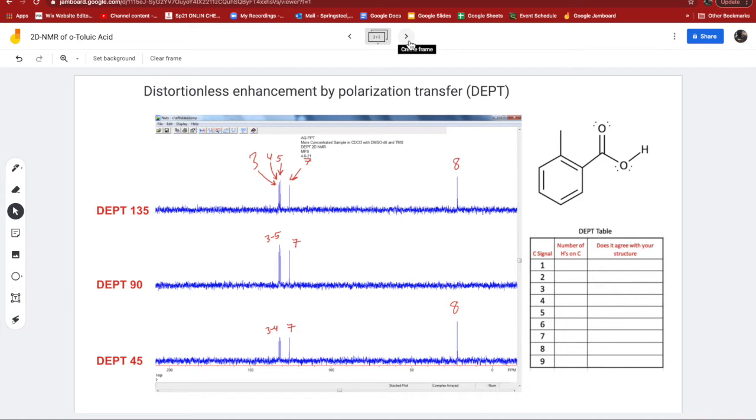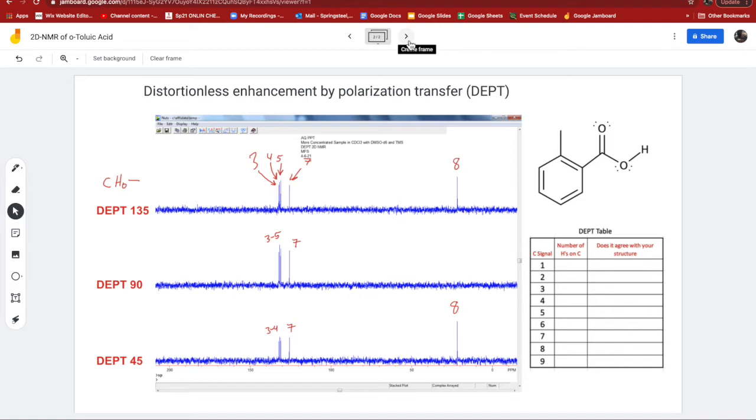So let's talk more about what's going on with these spectra. These are kind of crazy, huh? In the DEPT 35, the carbons without hydrogens, so CH0, the quaternary carbons, they just don't show up. You will not see them. That's why we're not seeing our carbonyl. We're not seeing signal 2 or the signal 6 that was in there because they have no hydrogens.